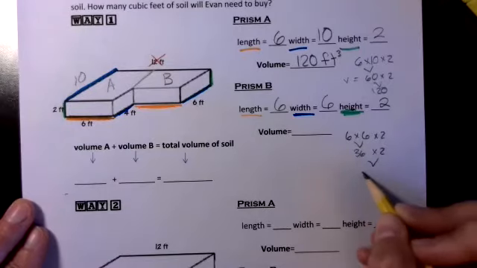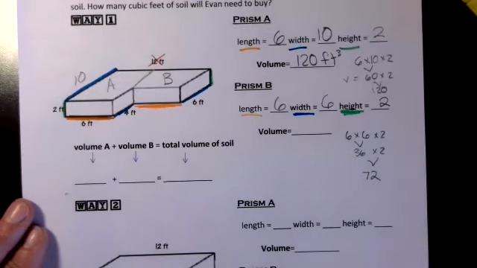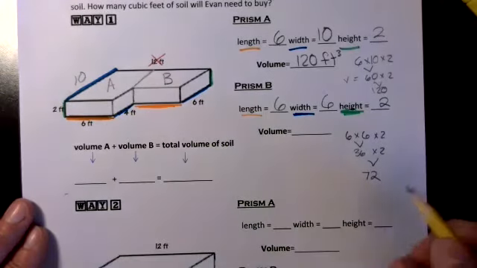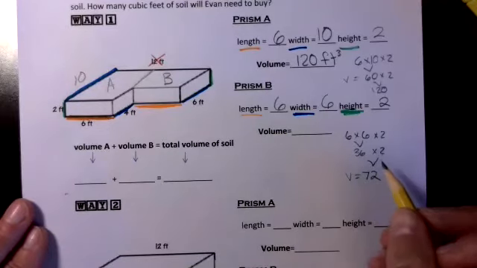What do you think, student 3? Is that correct? That the 6 times 6 times 2, is that 72? Is that our total volume? I'm still checking. All right, good.